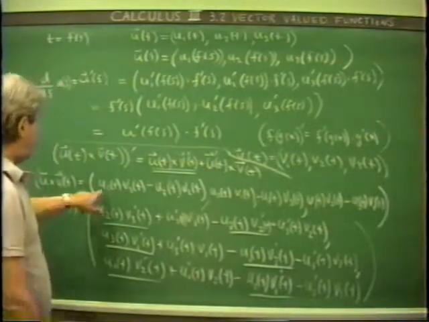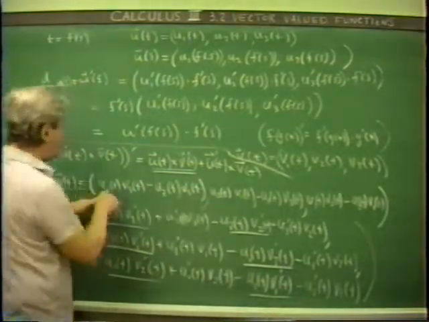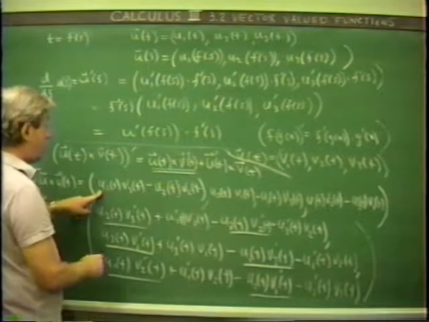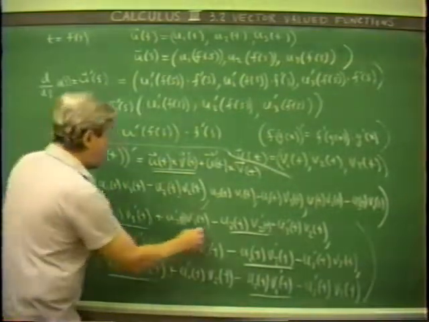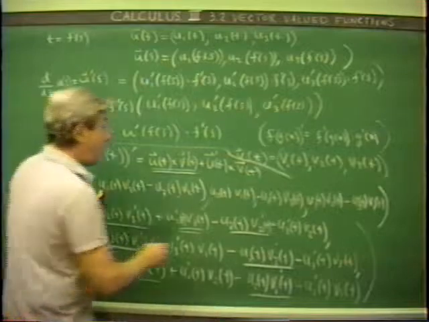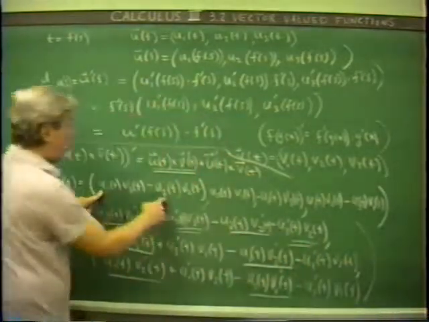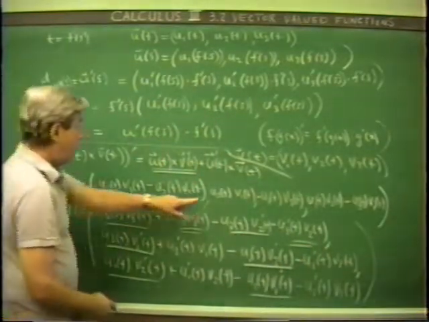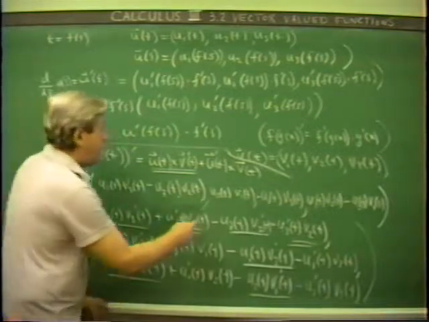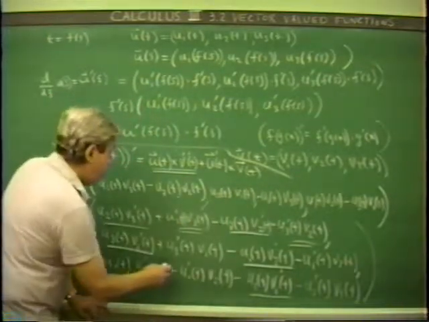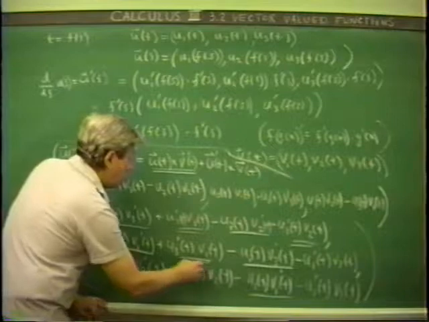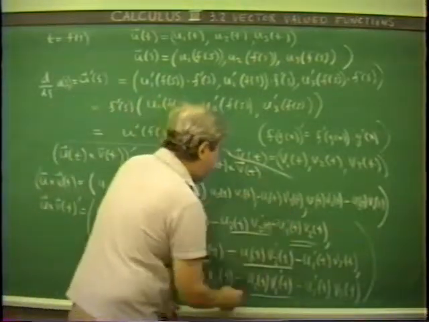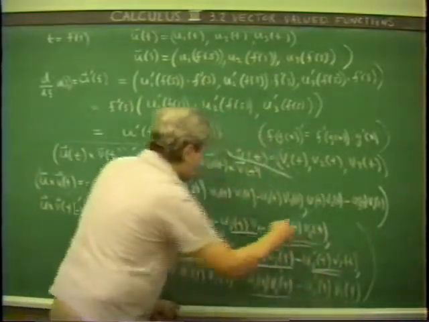Now u prime crossed with v. Right? That's going to be read the same as this, except that the u's will be u primes. So we should have u2 prime v3, that's there, minus u3 prime v2, which is there. For the y component, u3 prime v1 minus u1 prime v3.